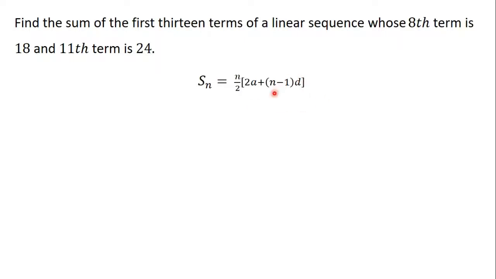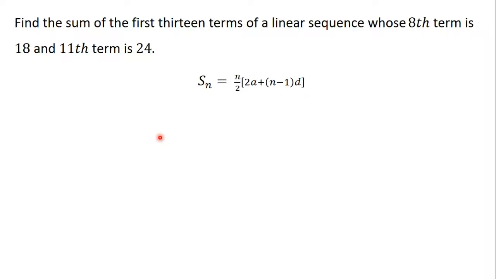Now we can see that to find the sum of the first 13 terms, we will need the values of n, a, and d. We want to find the sum of the first 13 terms, so n is equal to 13. a is the first term and d is the common difference. We can use the information provided in the question to find the values of a and d.